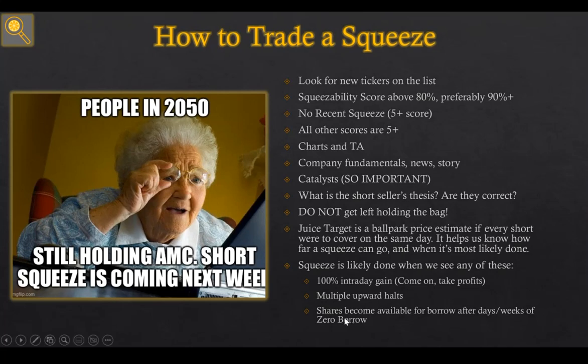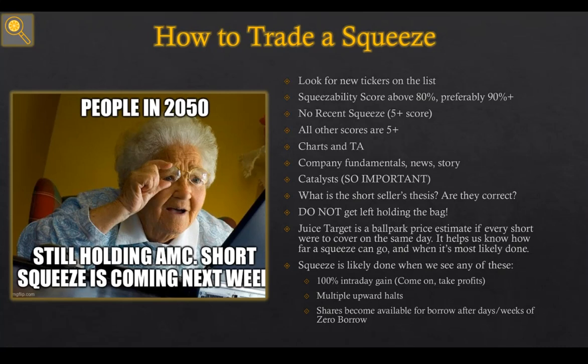And then another sign is the share availability, right? So on Squeeze Finder, that score goes from 0 to 20. So we'll see that be pegged at 20 for multiple days or even sometimes weeks, where there's literally just 0 shares available for days and days and days.